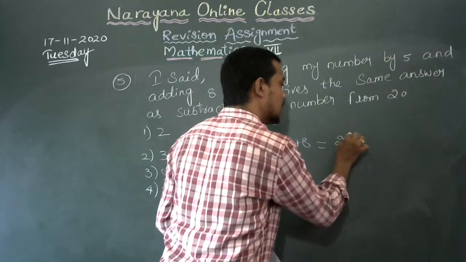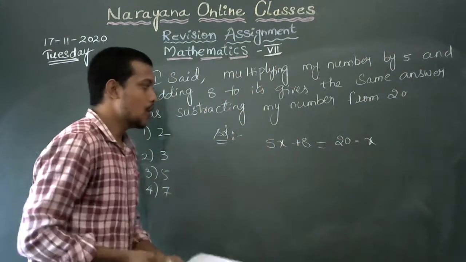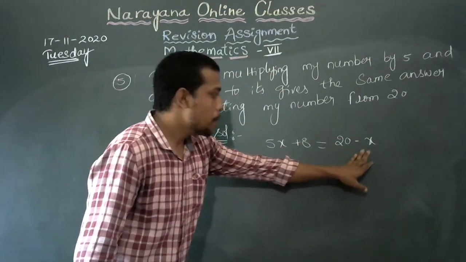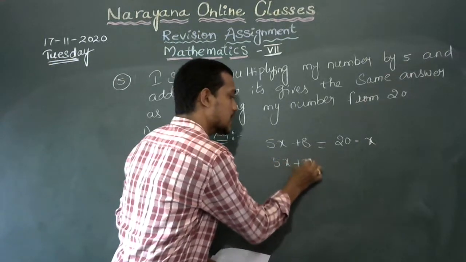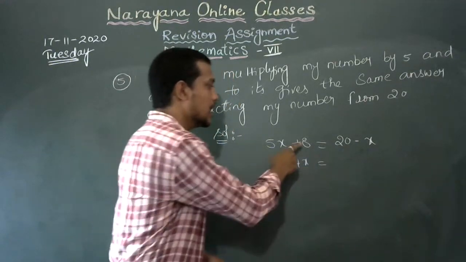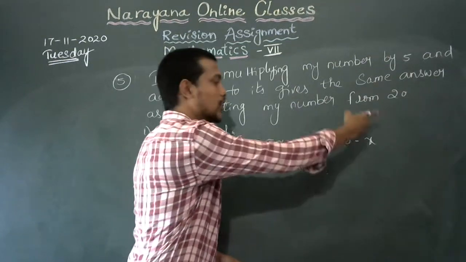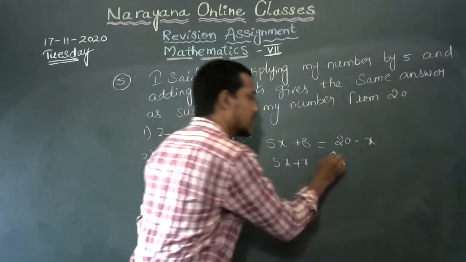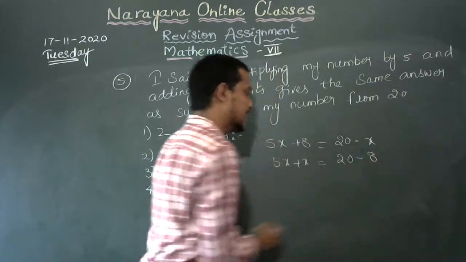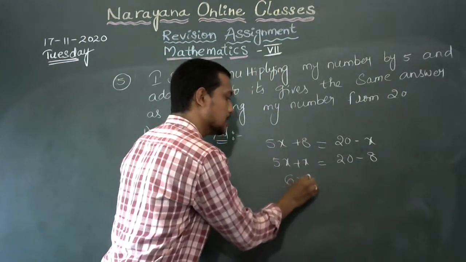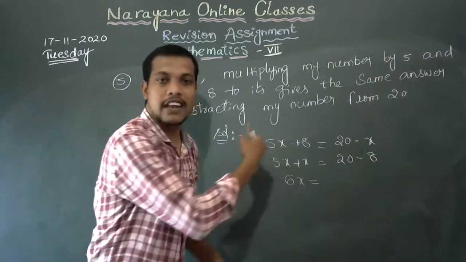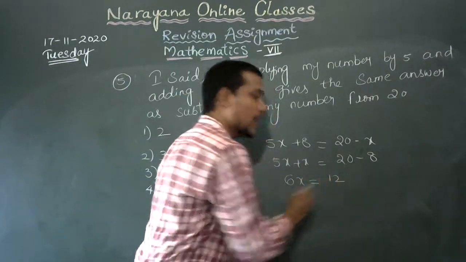That means 20 minus x. Okay, here minus x bring to LHS, that is plus x. 5x plus x is equal to, here plus 8 bring to RHS, that is minus 8. 20 minus 8. So 5x plus x means 6x is equal to 20 minus 8 means 12.